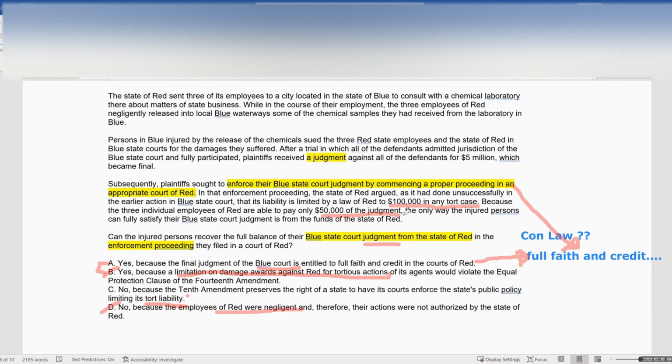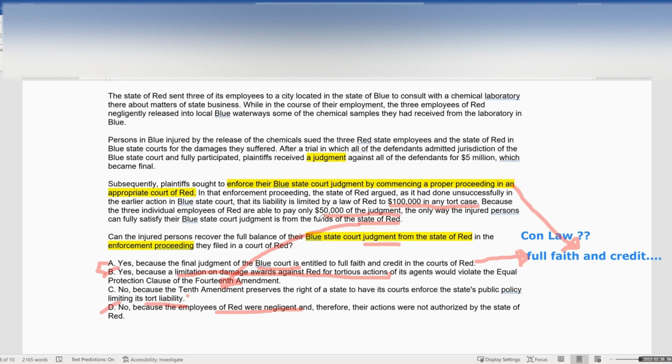That is bringing in the state of red, which is triggering the 10th Amendment analysis. And the answer choice in C says no, because the 10th Amendment preserves the right of a state to have its courts enforce the state's public policy limiting its tort liability.